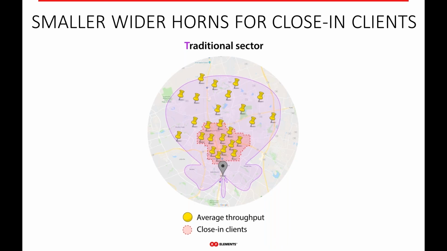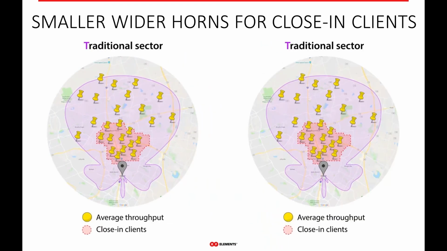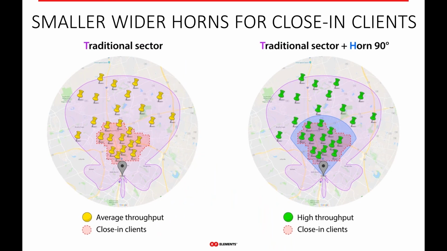Some of our lower gain, wider horns may help in this situation, where you can fire up a second AP in that area and offload those customers onto the horn, therefore leaving your further distance, lower MCS rate customers on the traditional sector. This can help increase the overall throughput of that particular azimuth or coverage area from your towers. This is another potential use case for augmenting the coverage with horns and your traditional sectors.